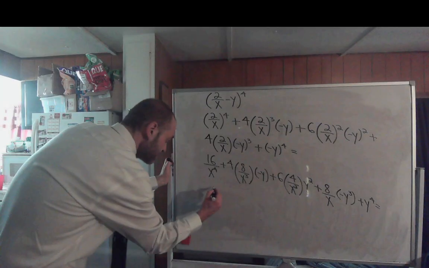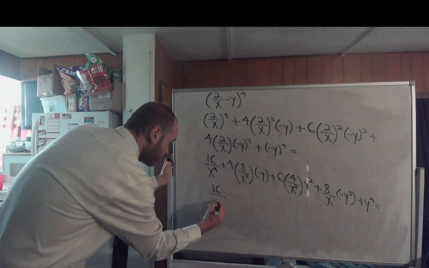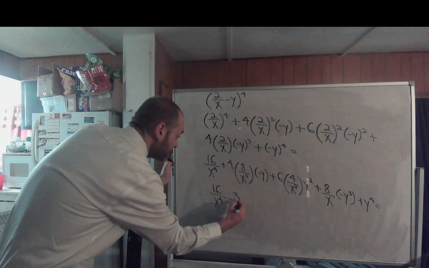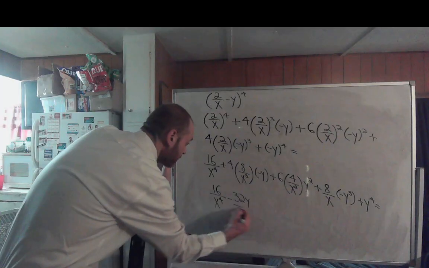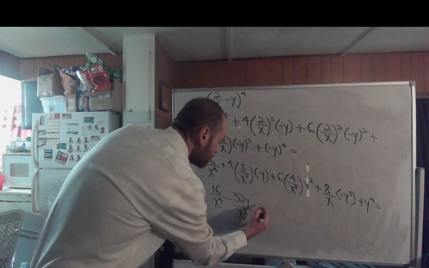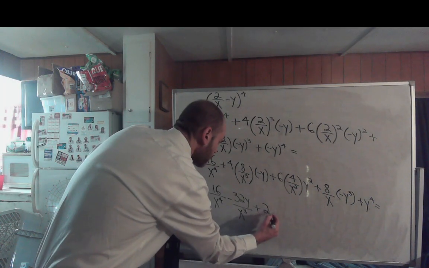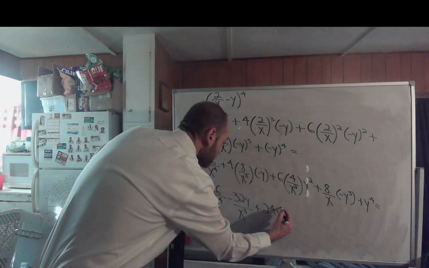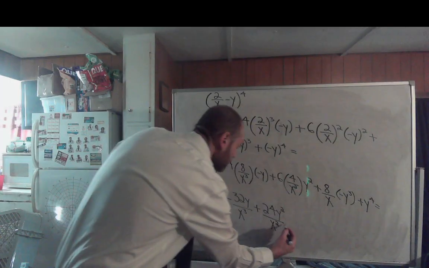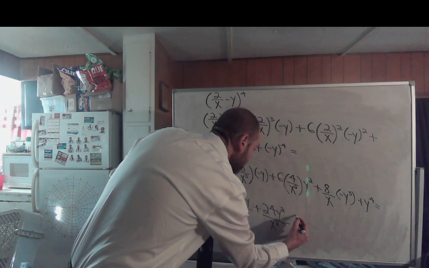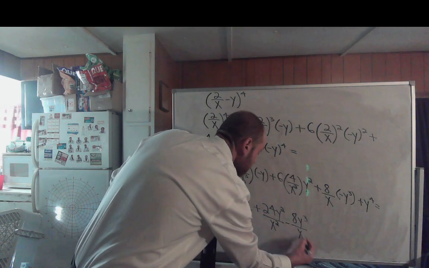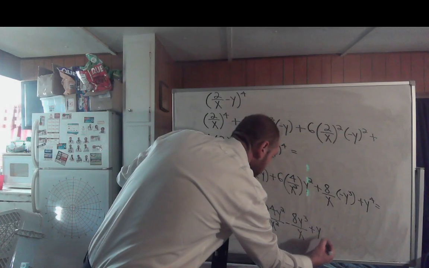which the final answer should end up being 16 over x to the fourth minus 32y over x to the third plus 24y squared over x squared minus 8y to the third over x plus y to the fourth.